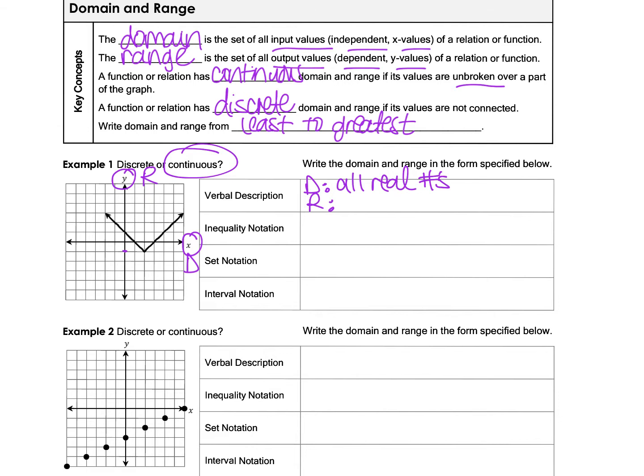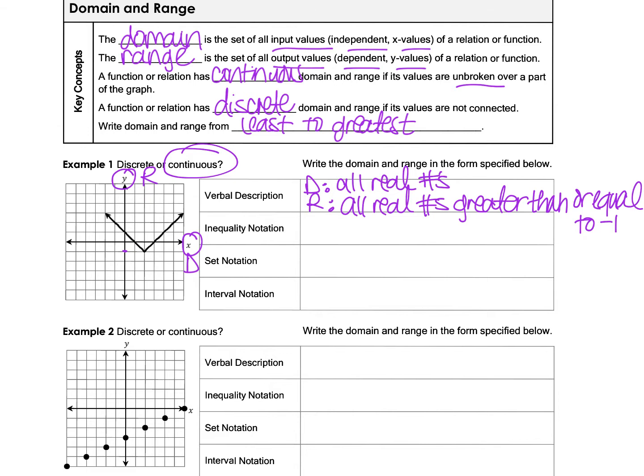Notice also it does include that point on the V. So we would write it as all real numbers greater than or equal to -1. So that's our verbal description.